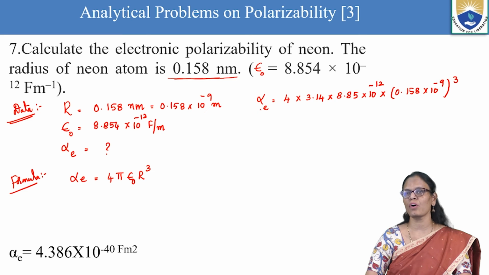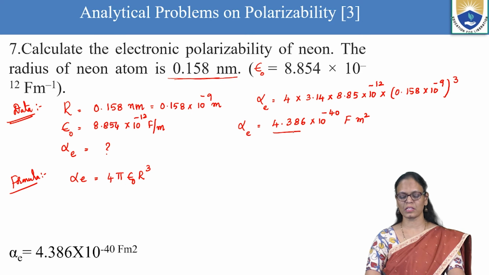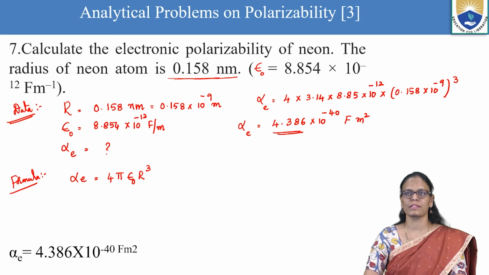This is the value of r. So simplify, we get alpha E is equal to 4.386 into 10 power minus 40 farad meter square. So this is the value of alpha E, that is electronic polarizability.